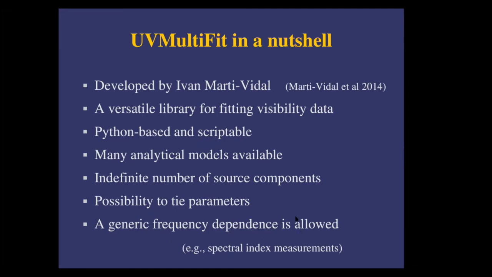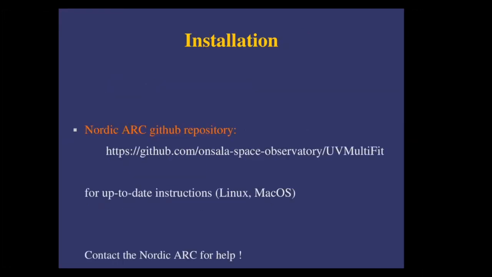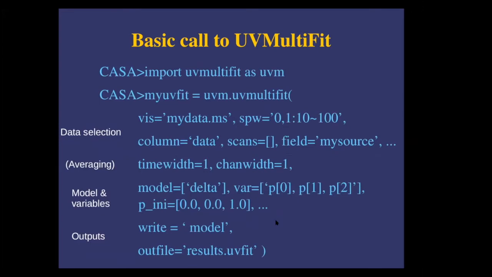All these things make it a very flexible, powerful tool to model your visibilities. If you want to install it, you have the up-to-date instructions in the Nordic ARC GitHub repository here, with instructions for Linux or Mac. In case of any problem, of course, contact us at the Nordic ARC for help.